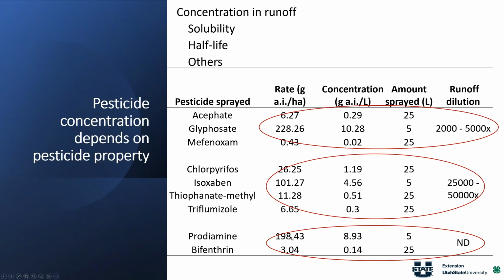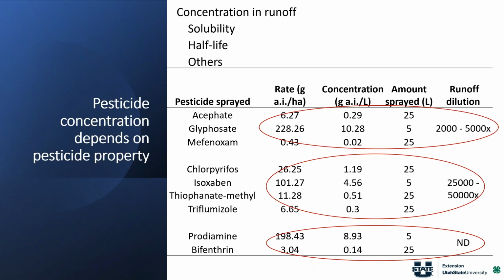Although we applied 198 grams AI per hectare and 3 grams AI per hectare, we didn't see anything in the retention pond. So you can understand the importance of solubility and other things here, right?